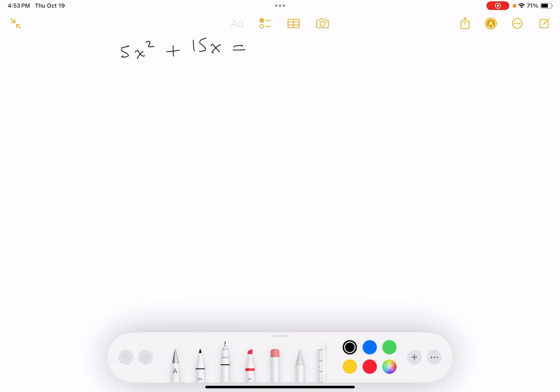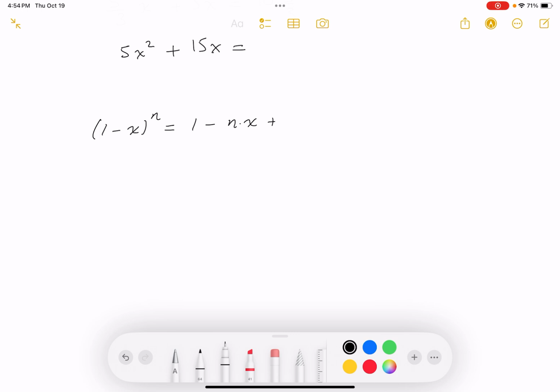The expansion of 1 minus x to the nth power. Let's see if we can write that down. It's a binomial expansion, right? So it's going to be 1 minus nx plus, here comes the tough part, right?